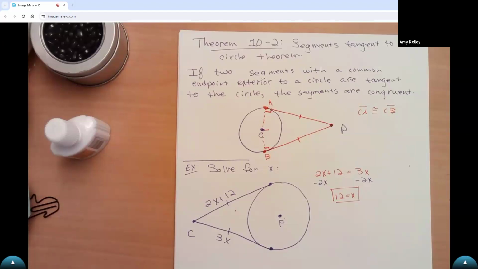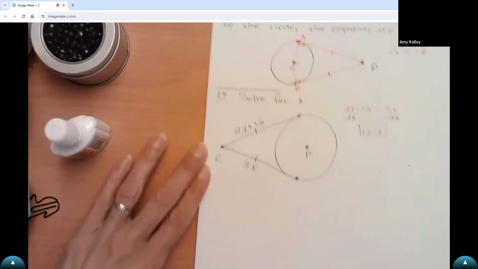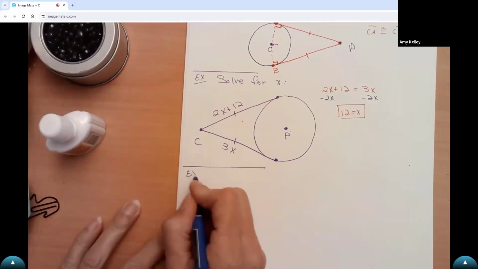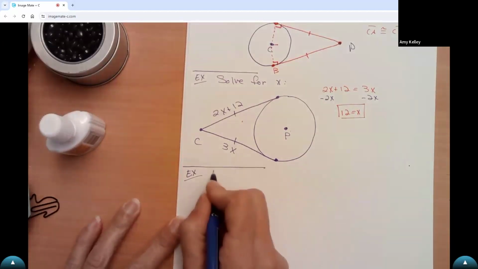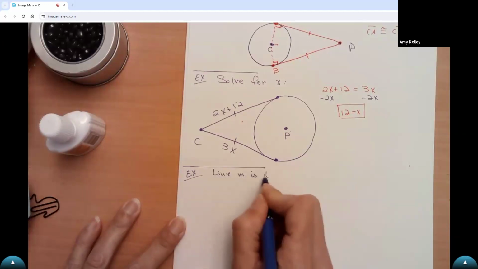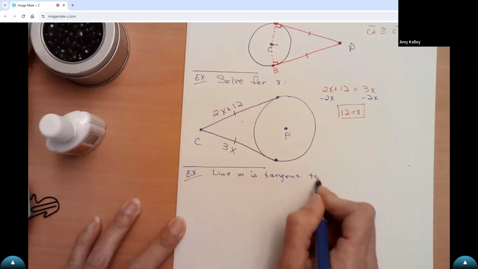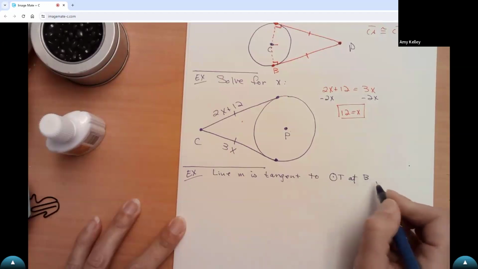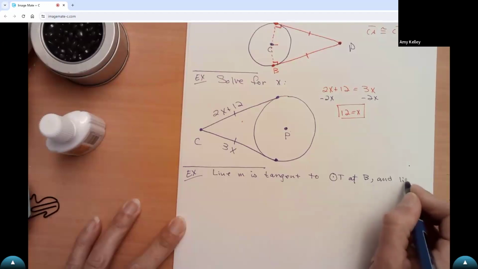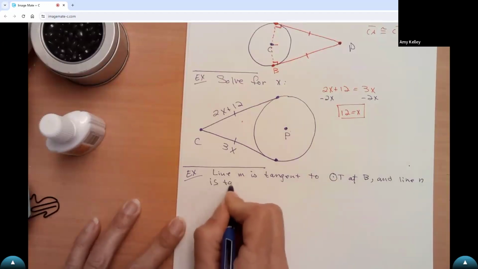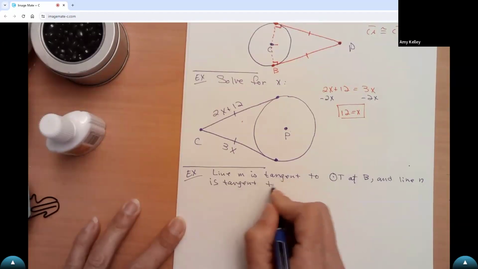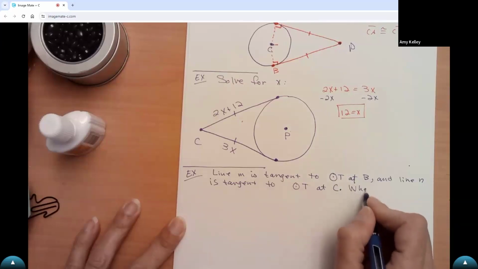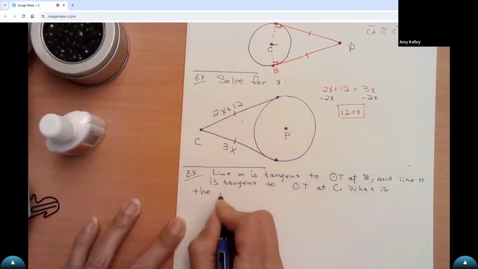Great, and then I have one more example for you. Let's see if I can fit it on the bottom of the page here. For this one, we want to solve for x.